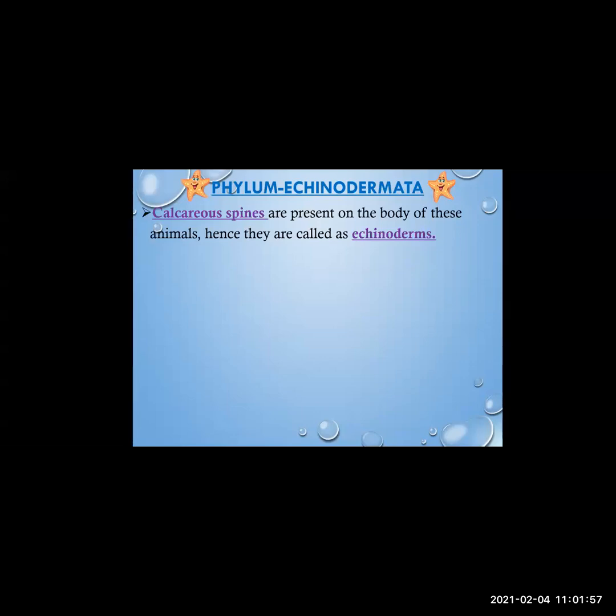Calcareous spine-like structures are present on the body of these animals. Hence, they are called echinoderms. Now, understand the meaning of the name. Echino means spiny, and derm means skin. So they have spiny skins. That's why the name echinoderm.